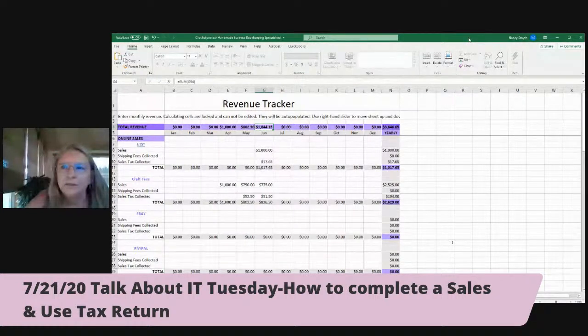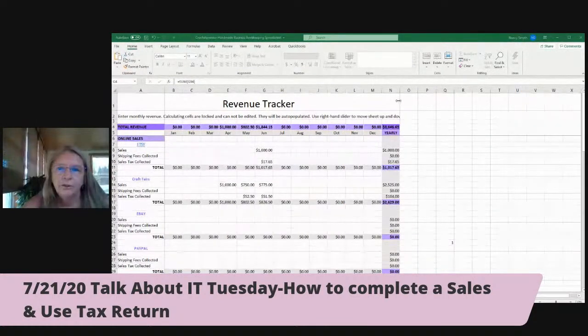So let's look at those same numbers. This is called a revenue tracker. And if I start plugging in all of my numbers, you're going to see something very, very scary.